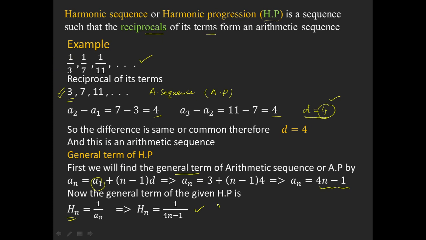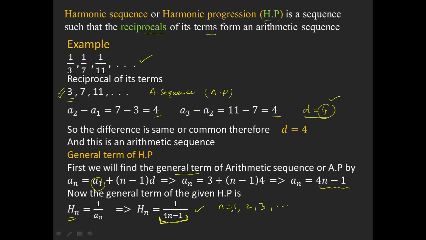If we put n equal to 1, 2, 3 and so on, we will get these terms, first term, second and third and so on. This general term of harmonic progression represents this whole harmonic sequence.